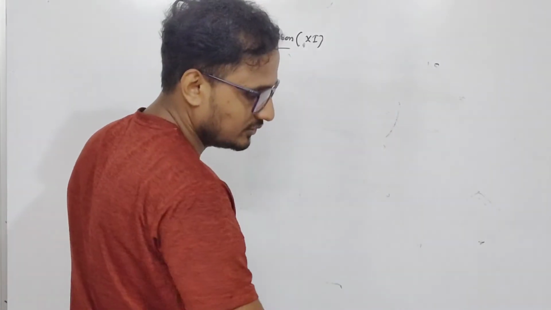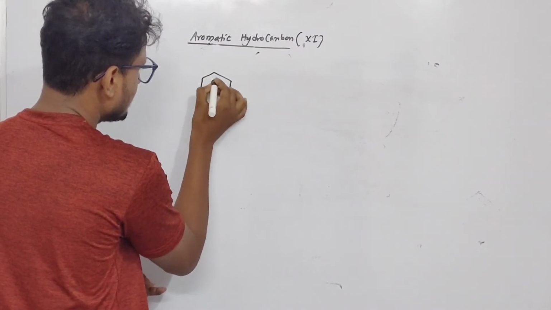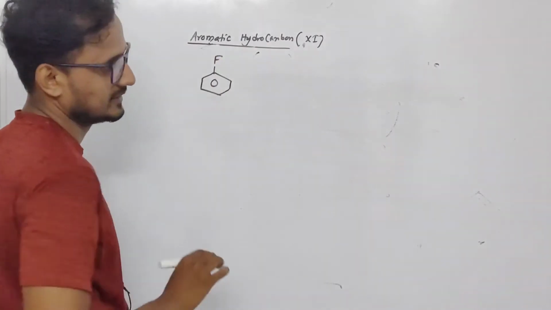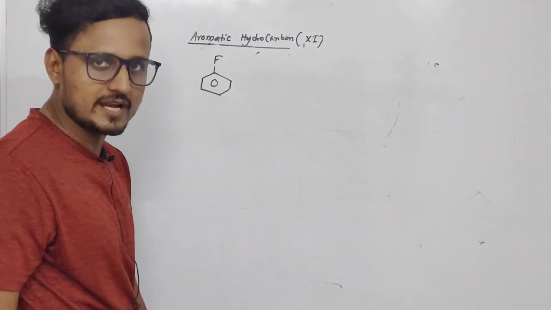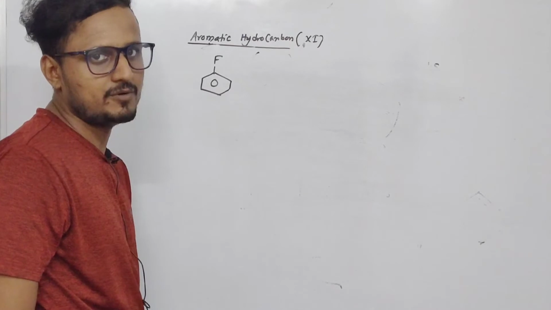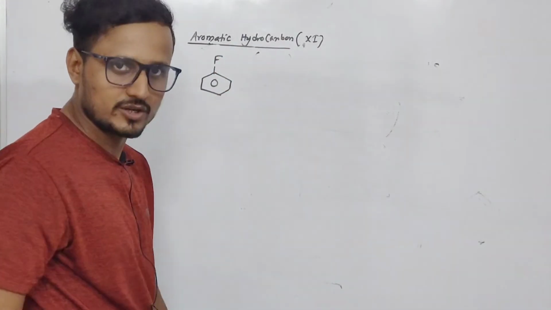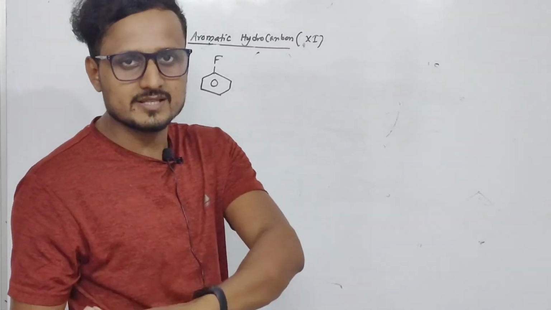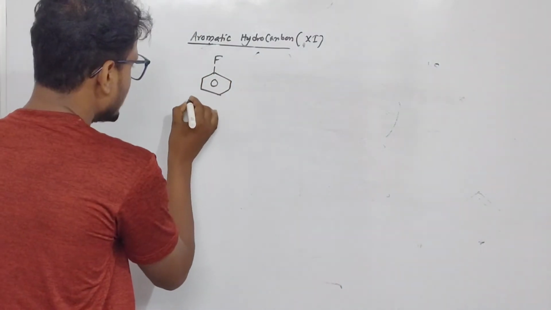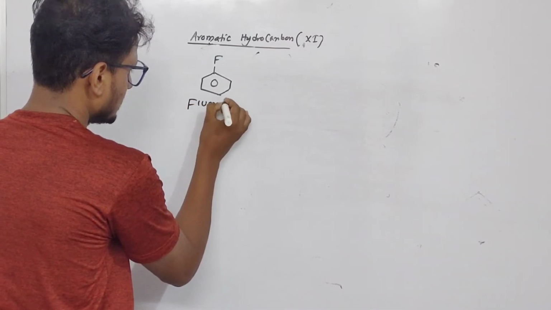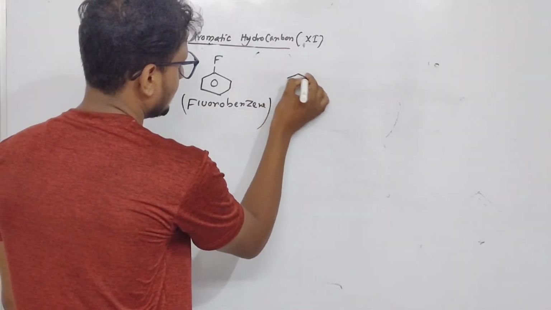As I have told you, if one of the hydrogens of benzene is replaced by fluorine, then we can name this compound, and it is a benzenoid compound, and it is also aromatic in nature, because at the start I told you the compounds coming from benzene are all aromatic. So this one is also aromatic and is called fluorobenzene.